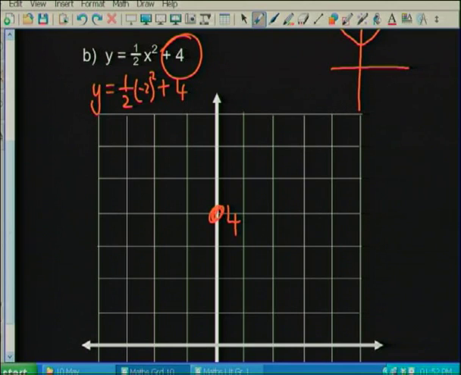So x is equal to minus 2 goes with y is equal to 6. And similarly, because the graph is symmetrical around the y-axis, if I change that to plus 2, I'm going to get 6 as well. Connect my dots with a curve, and there I've sketched the graph. Right, next example.